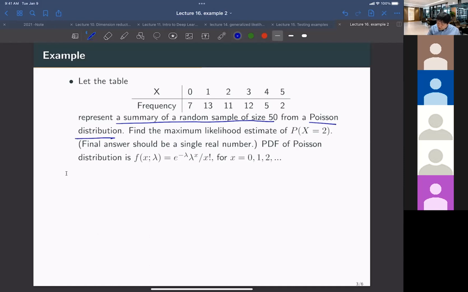And we want to find the MLE of the probability that X equals 2. Right, so let's estimate this. Okay, how can you estimate?